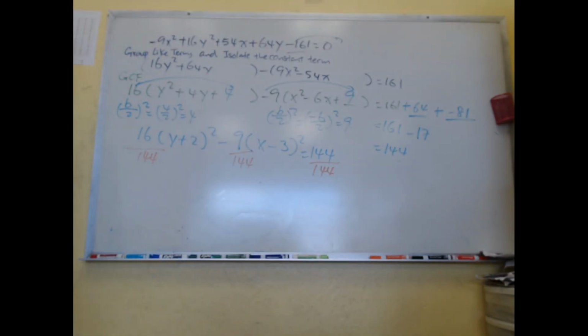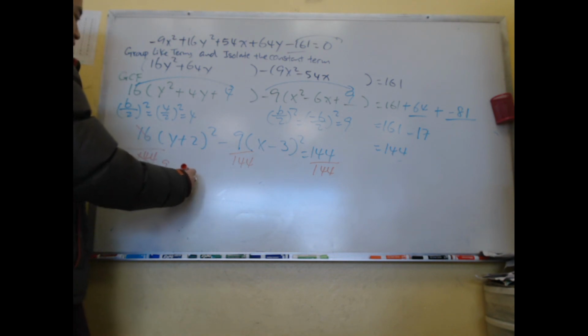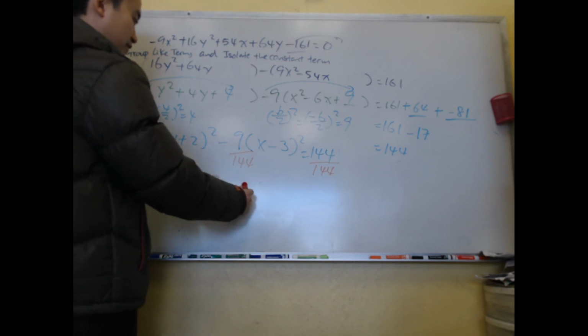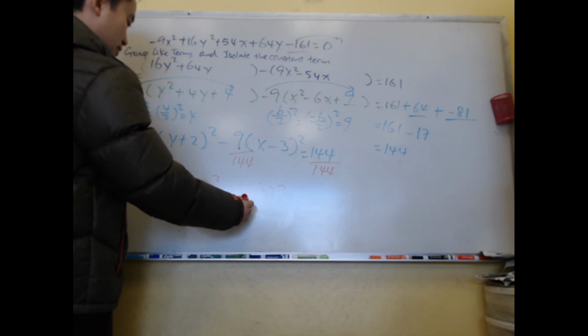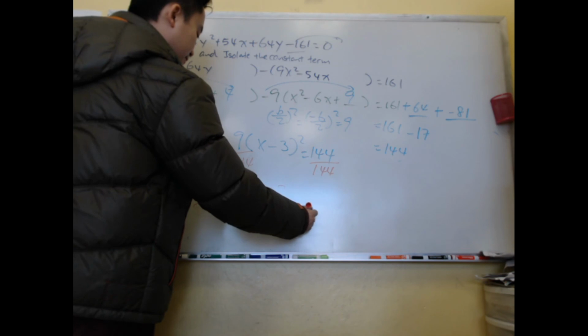16 over 144, is that reducible? It is, right? That's 9. So we got y plus 2 quantity squared over 9, and then over here, x minus 3 quantity squared over 16, and that equals 1.